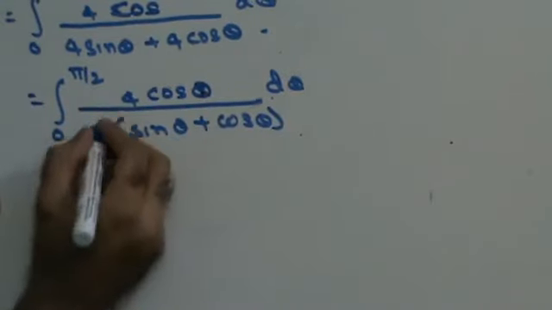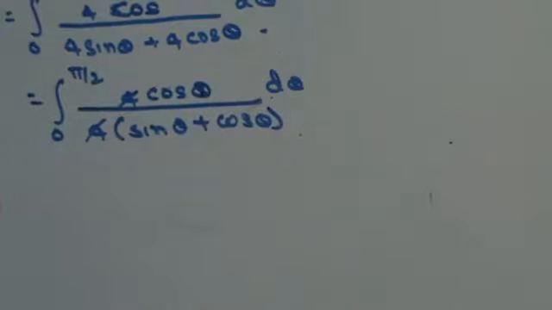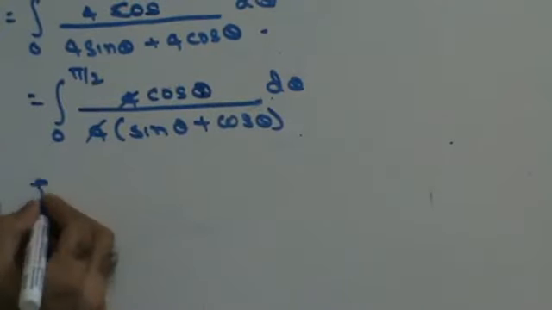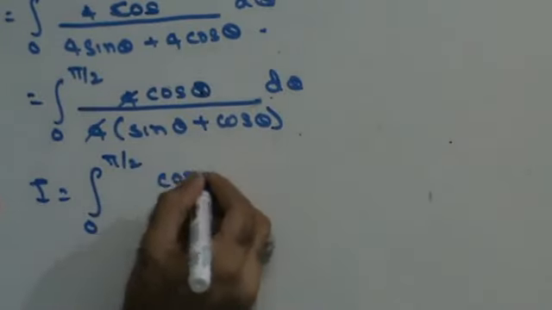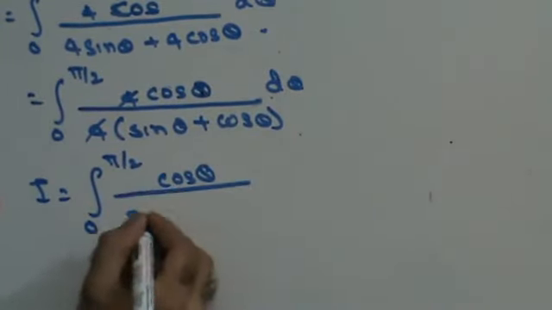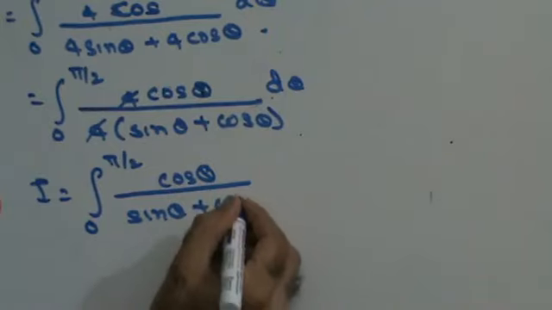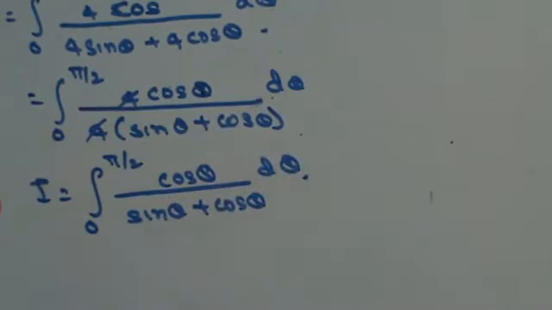Right? In which case 4 and 4 gets cancelled. Now, in that case I'll say I is equal to integral of 0 to pi by 2 cos theta upon sin theta plus cos theta d theta. Right? Let's call this as equation 1.